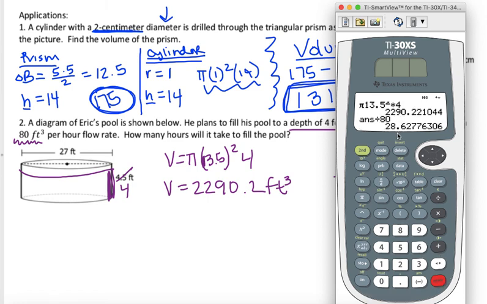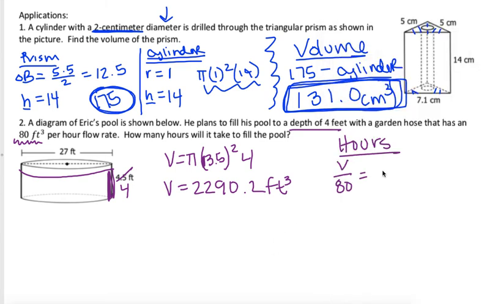It's going to take 28.6 hours. So he definitely doesn't want to start right before the pool party starts. He needs to start 2 days before to make sure that it's all the way filled up.